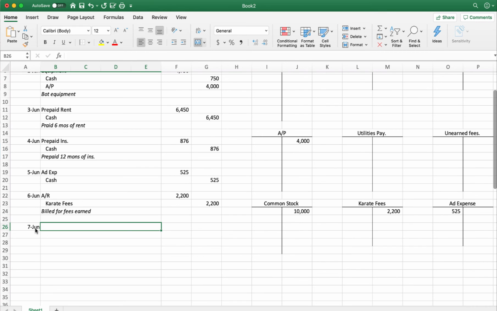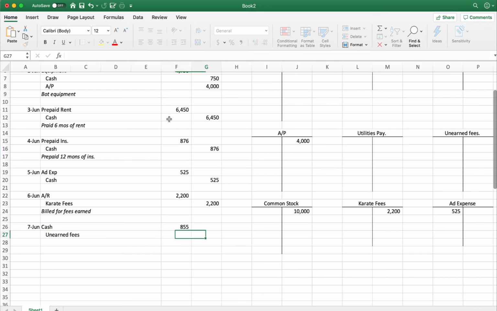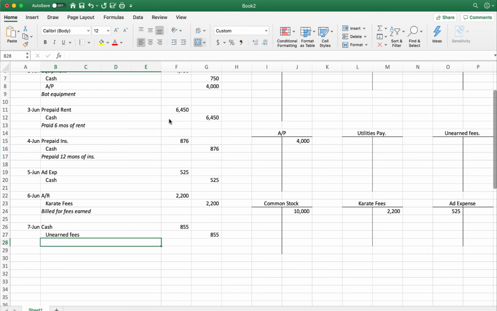So remember, in that case, we always debit an asset, credit a liability. So I'm going to debit cash for the dollar amount that they told us, $855. I'm going to credit my liability account, which is unearned. In our example, we're calling it unearned fees for $855.